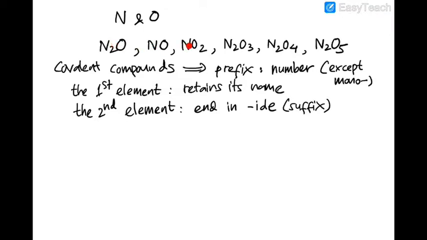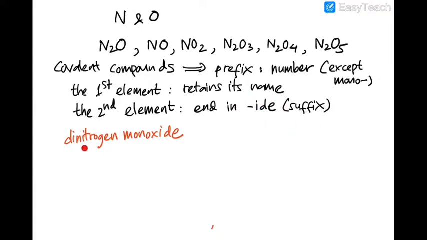Okay, so let's name 1, 2, 3, 4, 5, 6. Okay, let's name them together. The first one would be dinitrogen. If it's in the second element, we can use the mono, yeah? And because it's oxygen, it becomes oxide. Dinitrogen because it's 2 nitrogen, and oxygen becomes oxide because it has to end in an "ide" suffix.